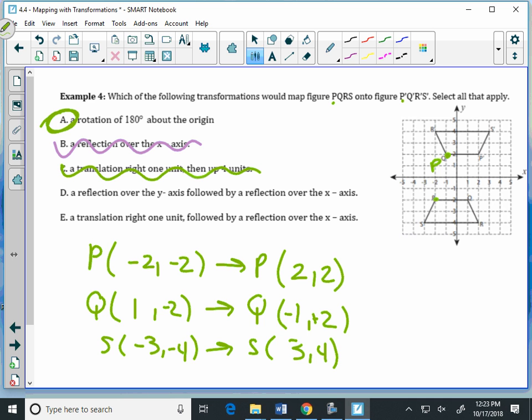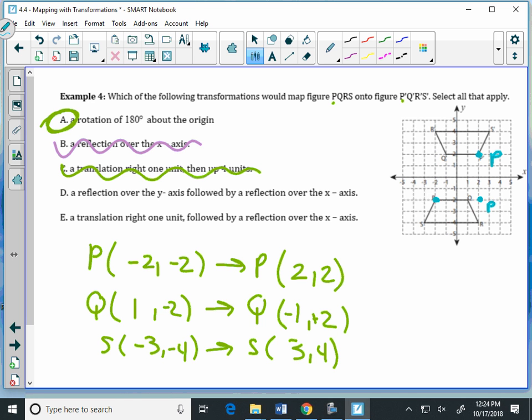For D, it says a reflection over the y-axis followed by a reflection over the x-axis. So let's try that. Okay. So again, I'm just going to start with P. It's a reflection over the y-axis, so I'm going to do that. 1, 2, 1, 2. And then a reflection over the x. 1, 2, 1, 2. Did that one work? Yeah.